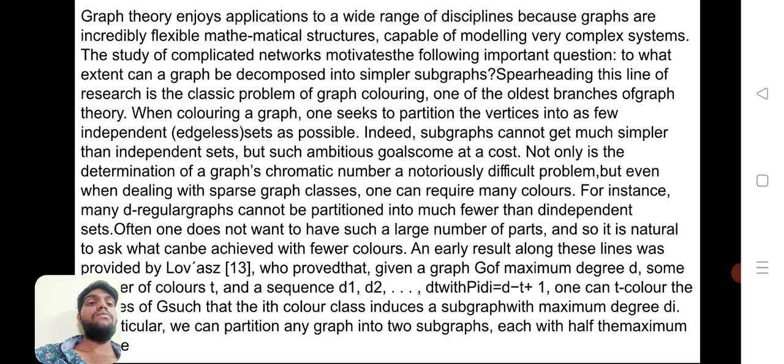Indeed, subgraphs cannot get much simpler than independent sets, but such ambitious goals come at a cost. Not only is the determination of a graph's chromatic number a notoriously difficult problem, but even when dealing with special graph classes, one can require many colors. For instance, many d-regular graphs cannot be partitioned into many fewer than d independent sets.